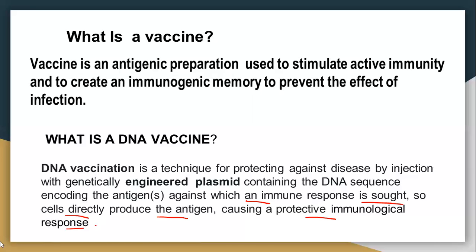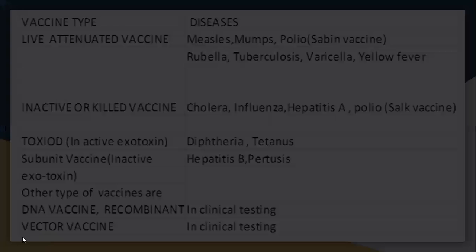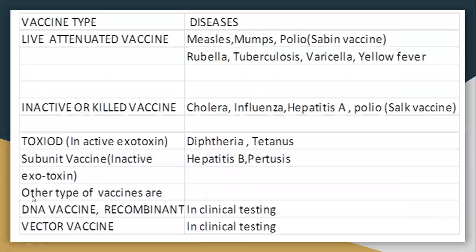Now, before going to the DNA vaccine, let's look at the different vaccines available right now. There are different types of vaccines, like the live attenuated vaccine, where we actually use the live pathogen, but in attenuated form.